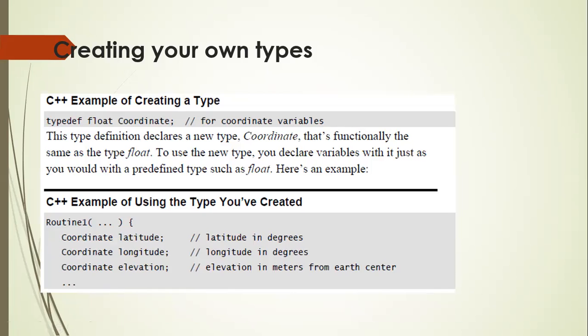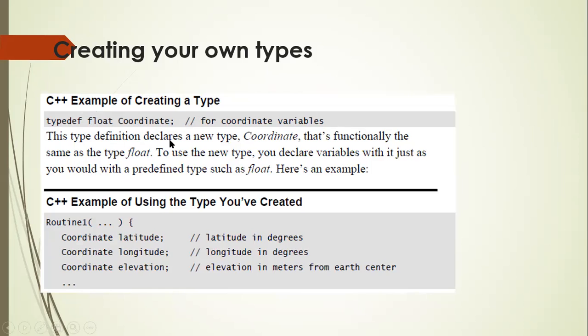The next topic of this slide is creating your own types. How can we create our own type? In C++, we had the typedef keyword, with which we defined our own data types and then stored values inside the coordinate.